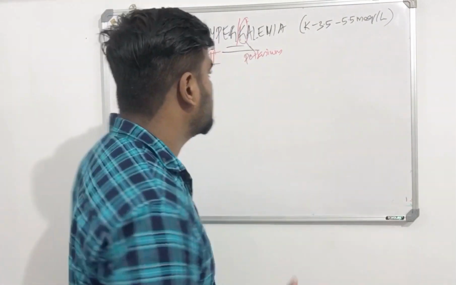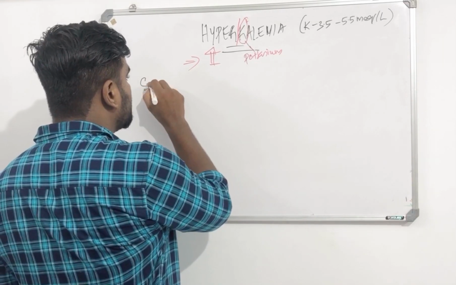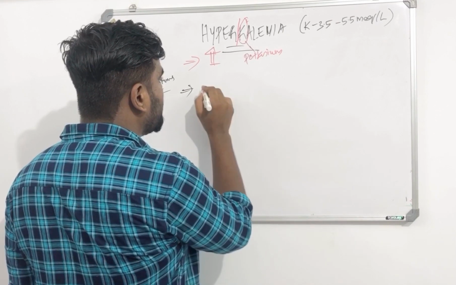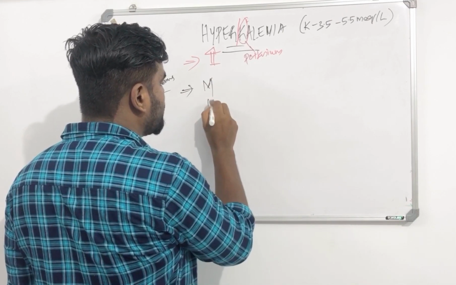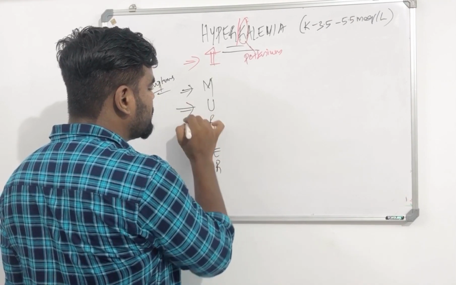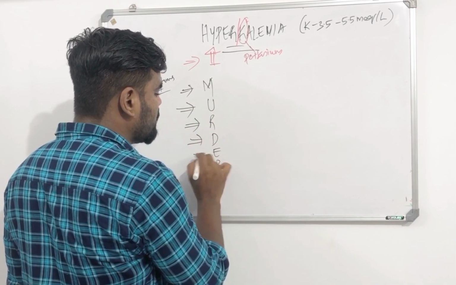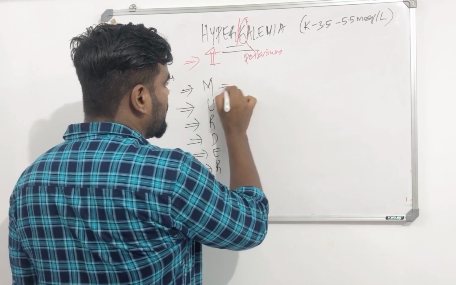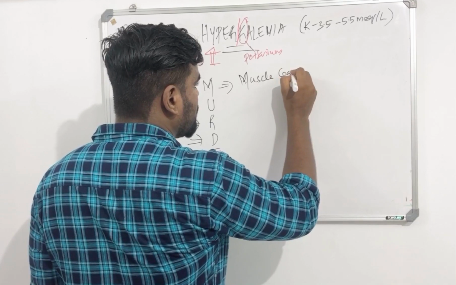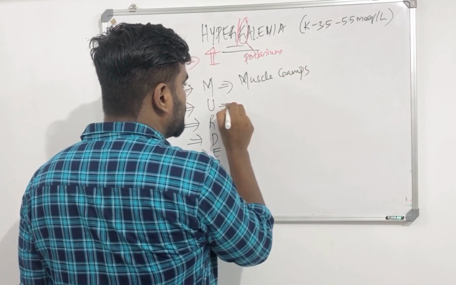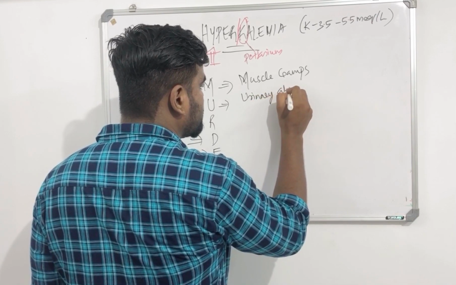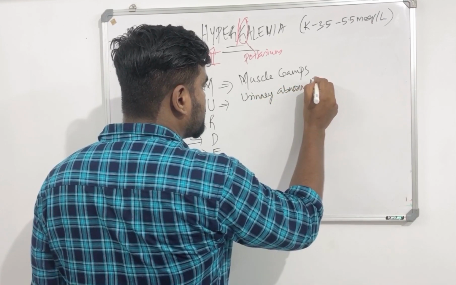The most important symptoms you can see. To remember, the code is MURDER. MURDER is a code to remember the clinical manifestations of hyperkalemia. So what is MURDER? M for muscle cramps. U for urinary abnormalities.